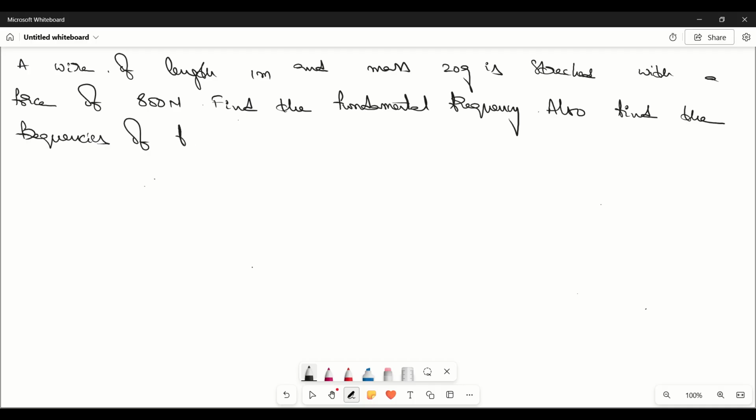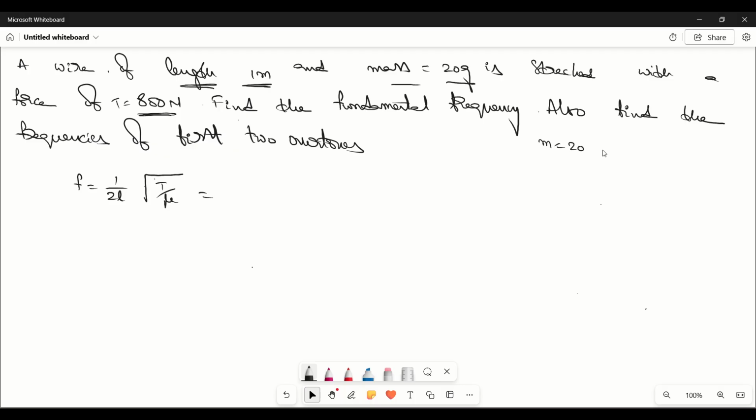So the formula for fundamental frequency is represented as f equal to 1 by 2L into under root of T by mu. As you observed, the length has been given as 1 meter and its mass is 20 grams, as well as tension is given as 800 Newton. When we convert this mass 20 grams into kg, we know that m is equal to 20 into 10 to the power of minus 3, so we can represent 0.02 kg.